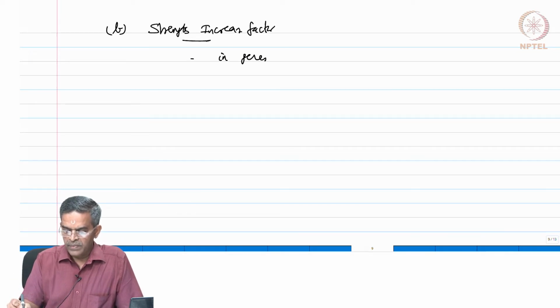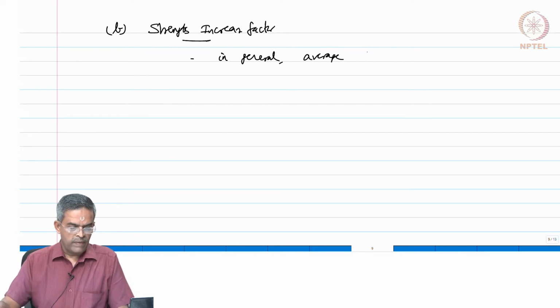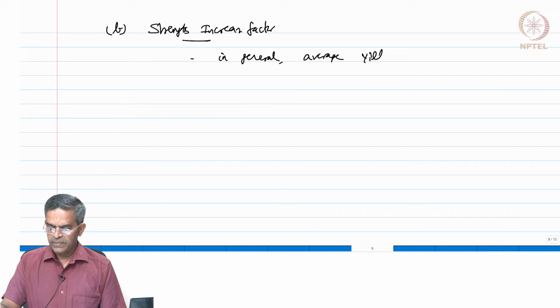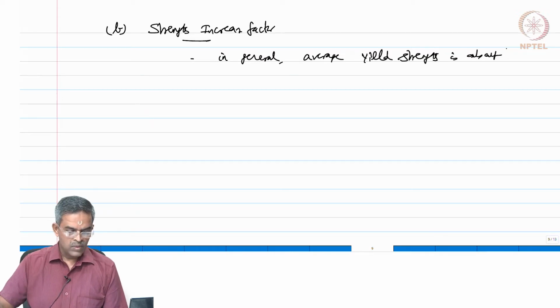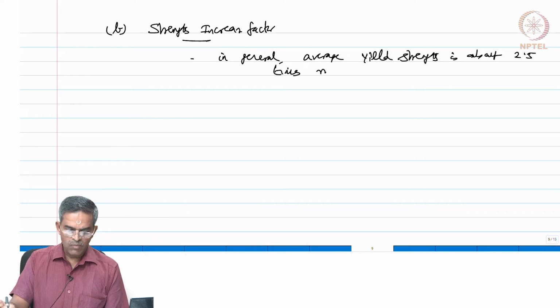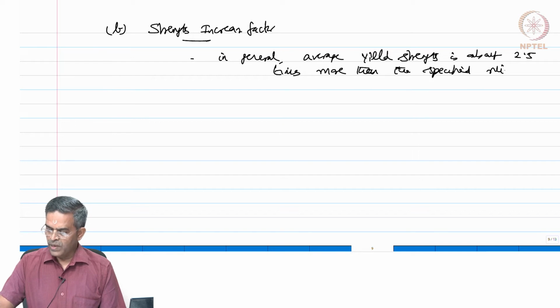In general, average yield strength is about 2.5 times more than the specified minimum values for those grades of steel.